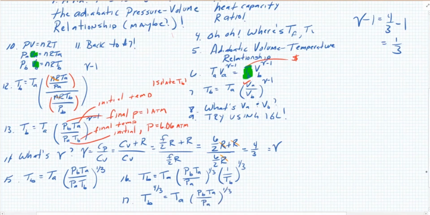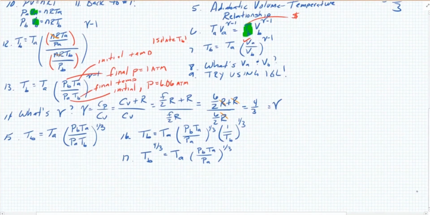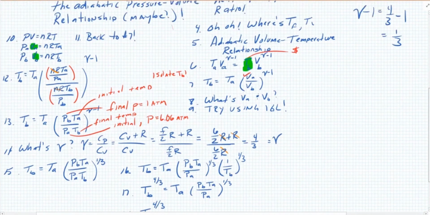All right. So I'm going to keep going just because this might be a different-ish type of math, arithmetic, really. Number 18, because then there's some conversion factors. TB to the 4/3 equals TA.